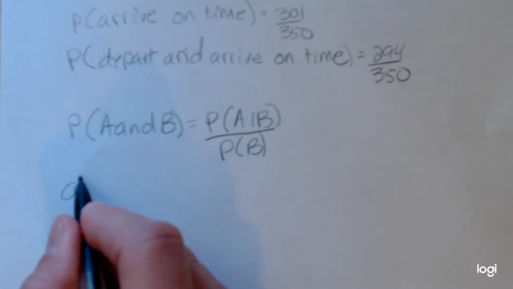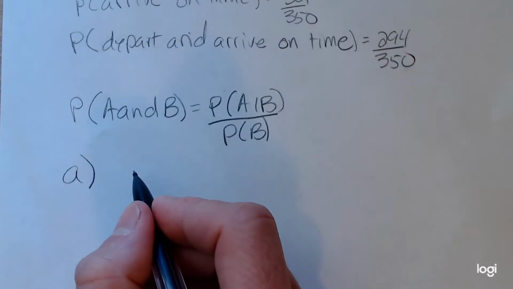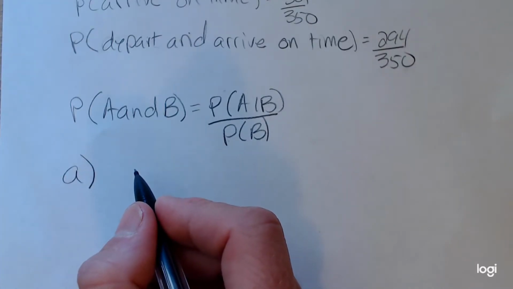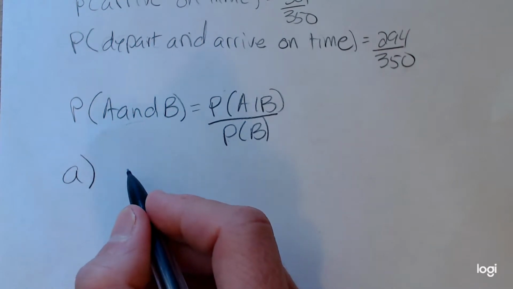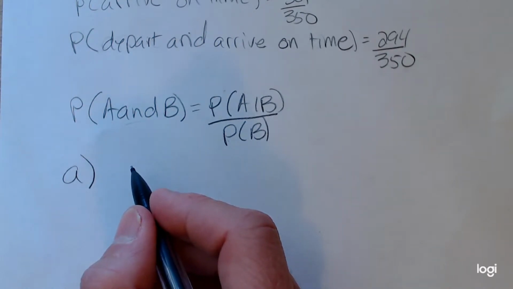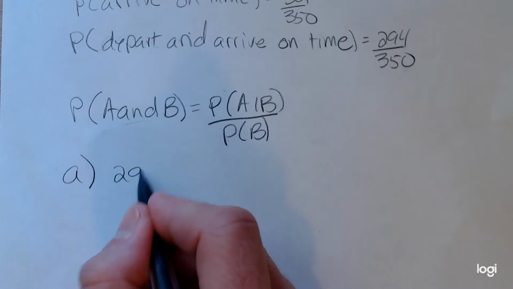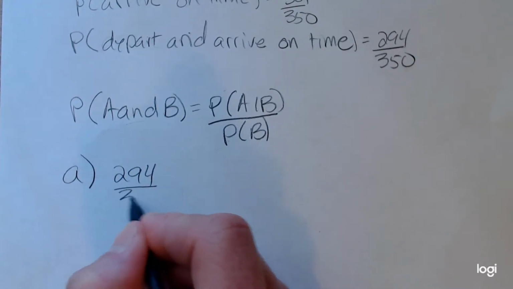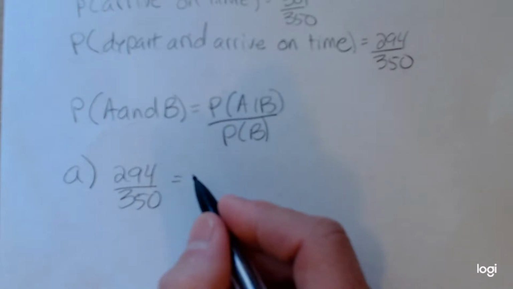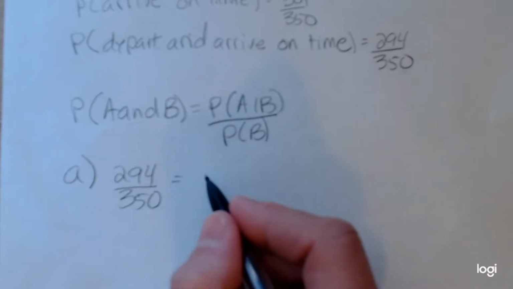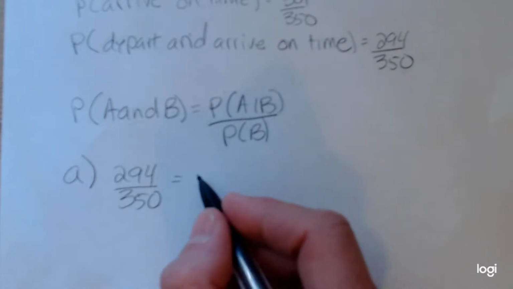So using the multiplication rule, the piece of information I'm given is the intersection, A and B together, so that's 294 out of 350. What I'm asked to find is this conditional probability: the probability a flight departed on time given that it arrives on time.